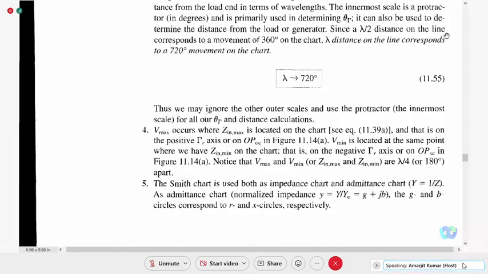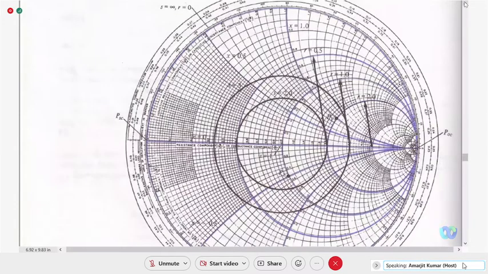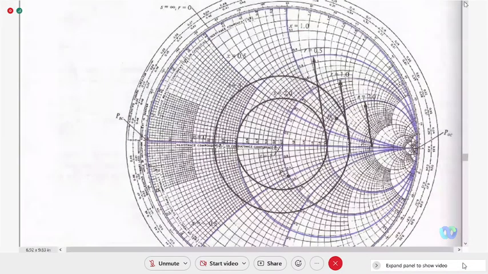So I will provide you one Smith chart having both the impedance and admittance chart. There are applications of the admittance chart also, particularly for designing the matching network, which will match the transmission line impedance with the load impedance.